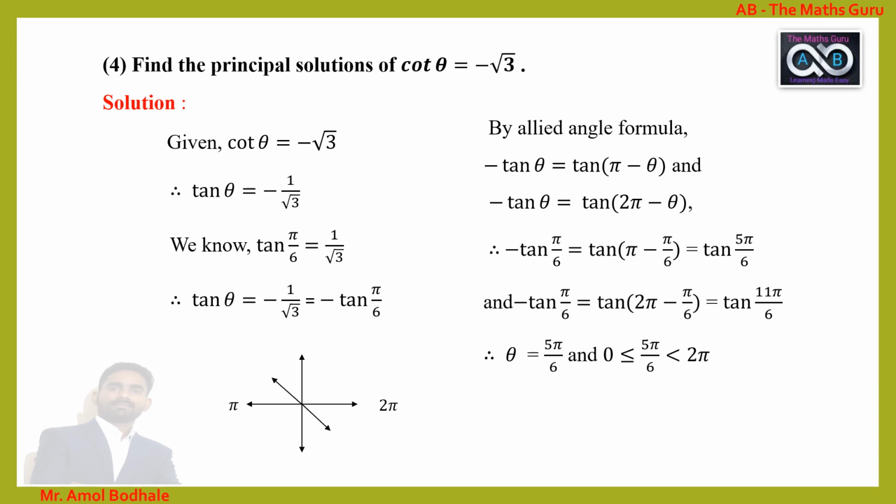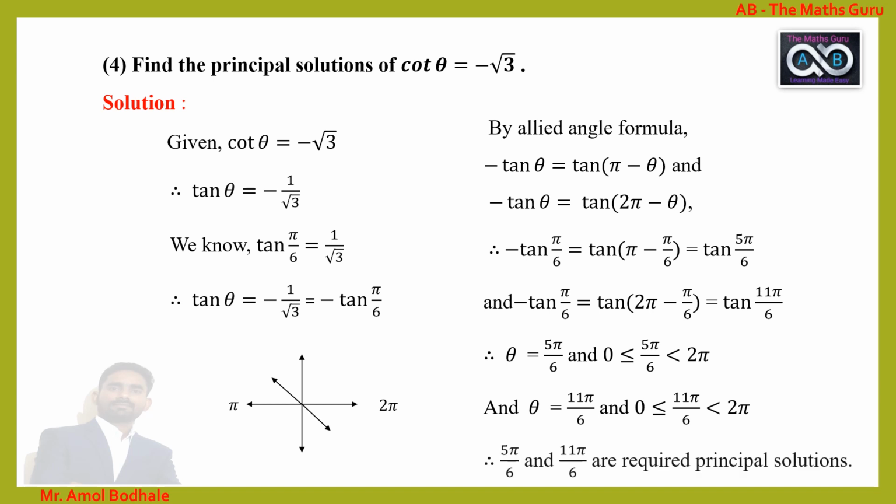So obviously here 5 times pi by 6, that means 5 times 30 degree, that is 150 degree, which is obviously lies between 0 and 360 degree. And the another one, theta is equal to 11 times pi by 6, that is 11 times 30, that is 330 degree, which is also lies between 0 and 360 degree. So therefore we can say 5 pi by 6 and 11 pi by 6 are required principal solutions.